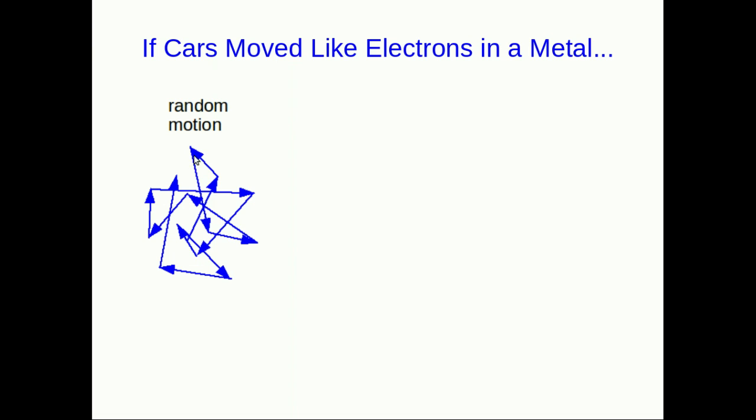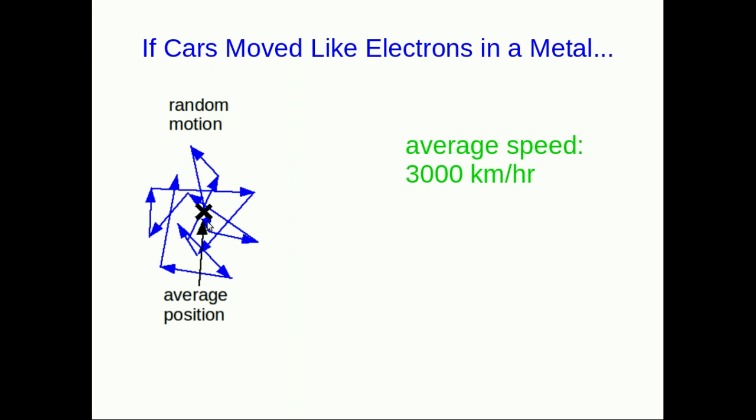And it would be carrying out many, many, many collisions every second. And in between these collisions, it might be going something like 3,000 kilometers per hour. Well, this random motion would be about some average position, and it really wouldn't seem to change. You wouldn't appear to be making much progress.